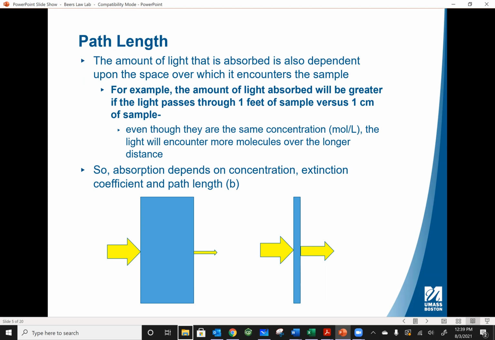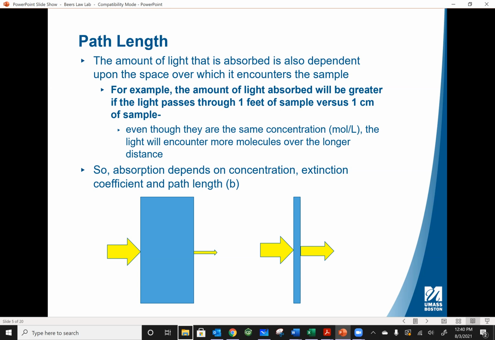That means, how many molecules in that length does the light come into contact with? A spectrophotometer works by emitting a certain amount of light, which passes through the sample, and then it detects how much light is left over at the end.